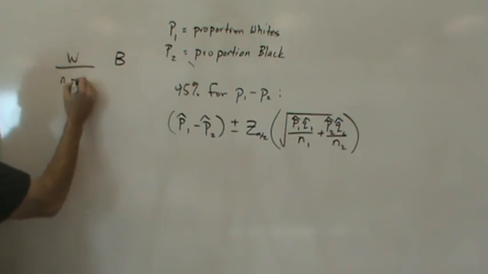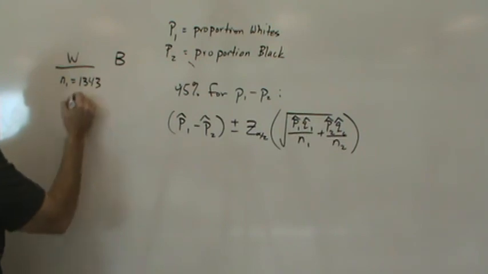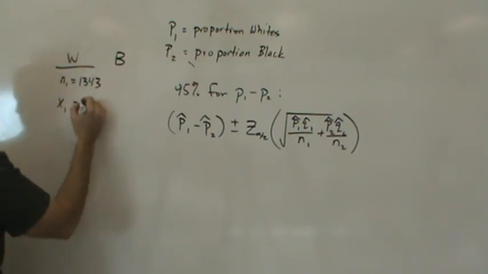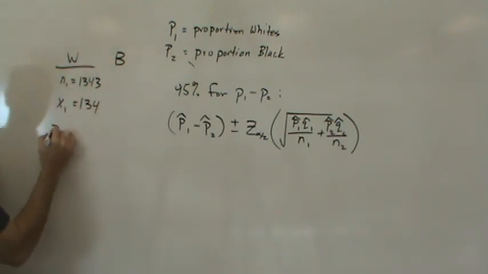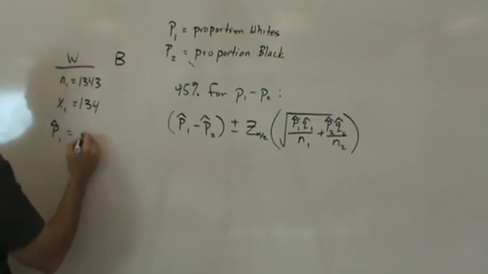N1 is going to be 1343, X1 turns out to be 134, and P hat 1 is 10%, or 0.1.